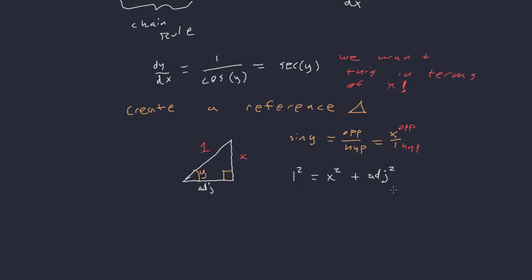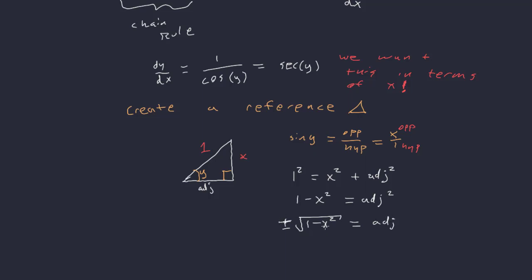Usually we just have numbers in one variable, but we have two variables, and this just reminds me of what I'm trying to solve for. Okay, so we get 1 minus x squared is equal to adjacent squared. And so that tells us that plus or minus the square root of 1 minus x squared is equal to our side adjacent.